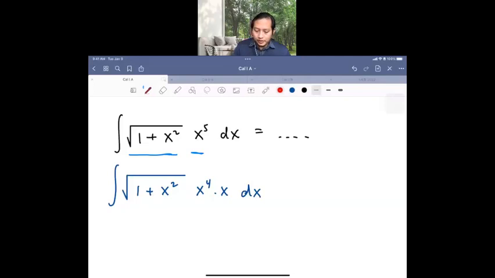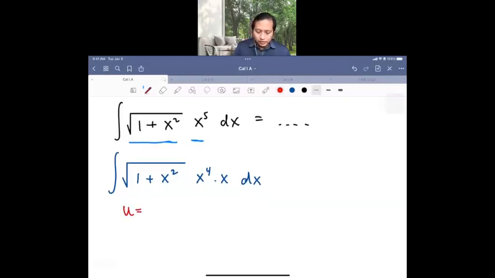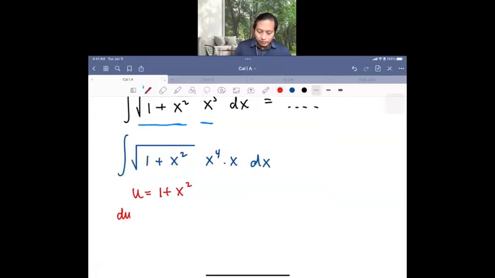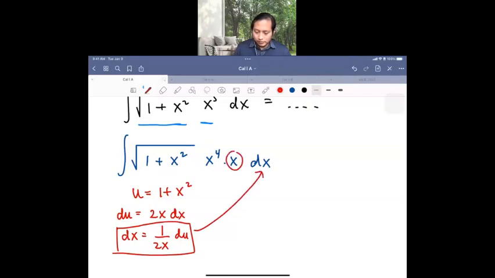So first, if we take u as 1 plus x squared, we have du as 2x dx, and dx will be 1 over 2x du. So from this part, we can cancel this, right? And from this, we can write x squared is u minus 1.